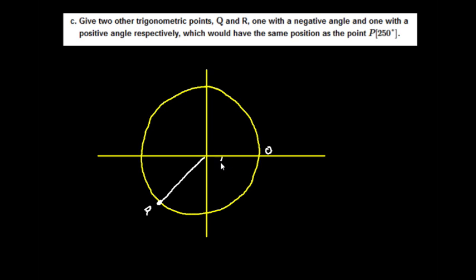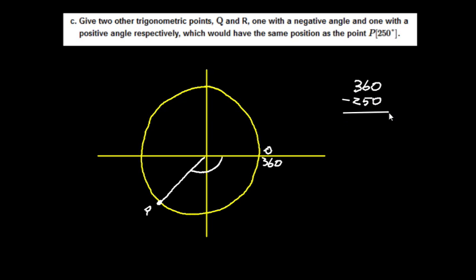I'm going to go backwards first. They're after a negative angle. Starting at 0, I'm going backwards. And I need to work out how far backwards I need to go. It's almost the same as saying from 360 I'm going back to 250.